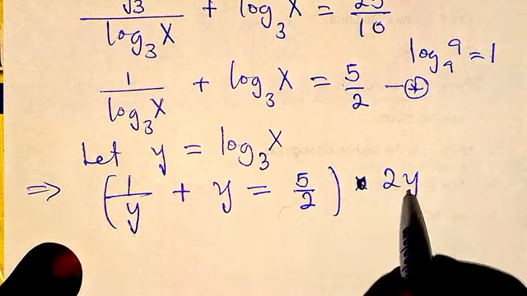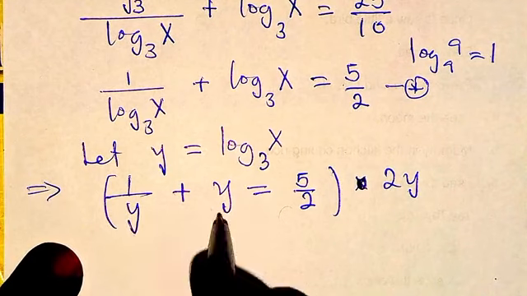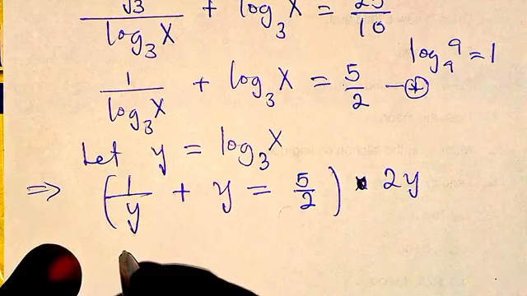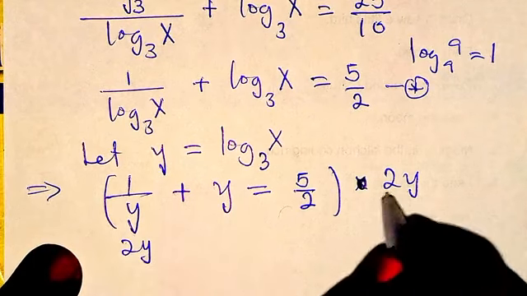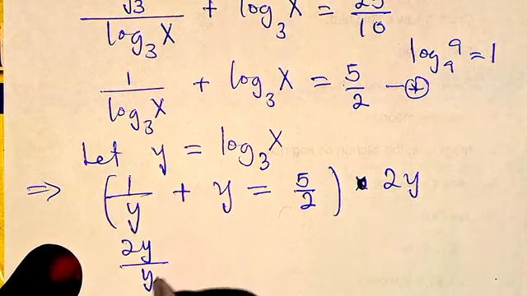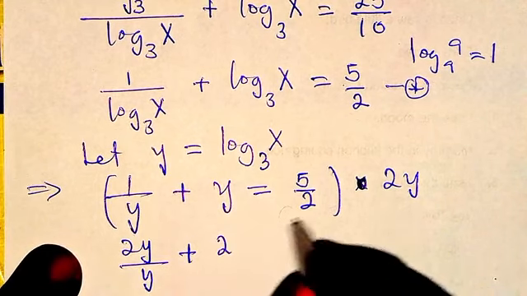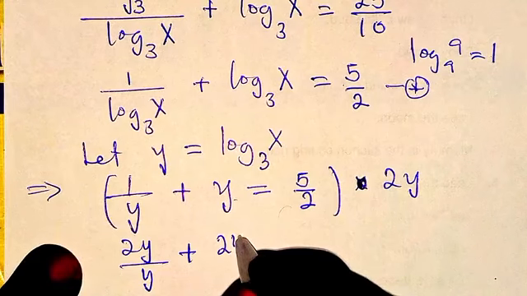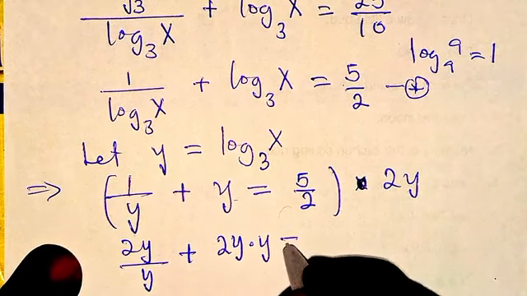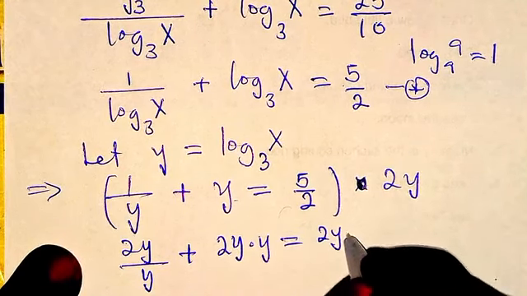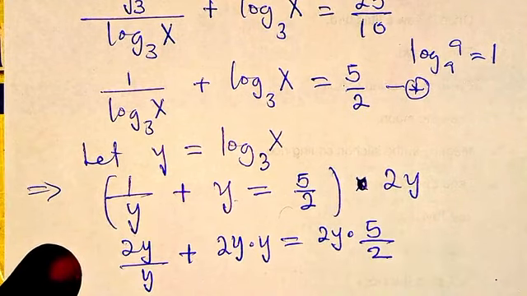So 2y times everything here: 2y times 1 over y, plus 2y times y, equals 2y times 5 over 2. Are you getting it now?